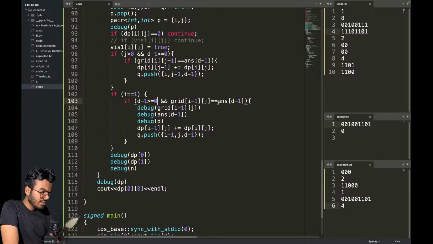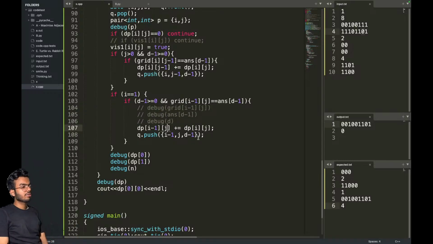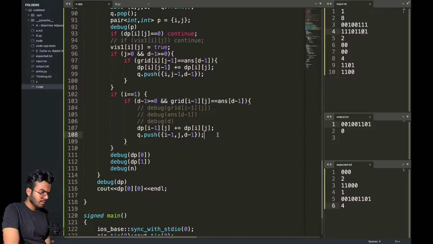If this condition is satisfied and this condition is also satisfied, then only I will try to increase the dp. So dp of I minus 1 j plus equals dp of I and j. And q dot push I minus 1 j d minus 1, I j minus 1 d minus 1.